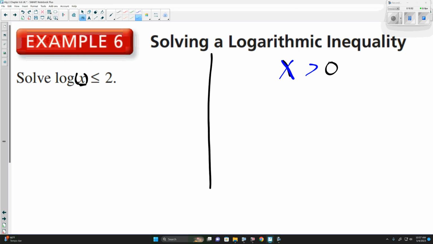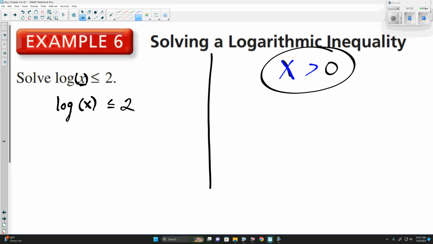If we had something more in there, say 2x plus 1, there would be a little more to it. But here, we're just saying x has to be greater than 0. Now, this may or may not come into play. It depends on what the solutions are. Any questions on the restrictions before we go about solving this?